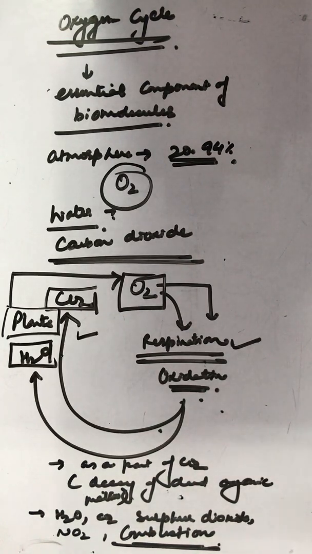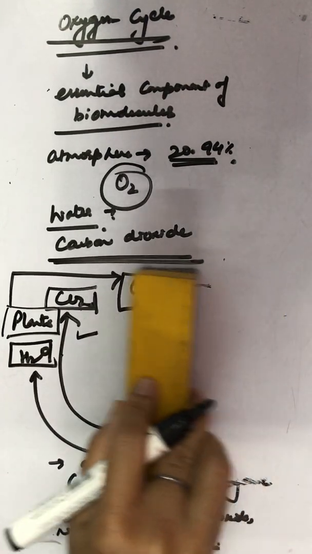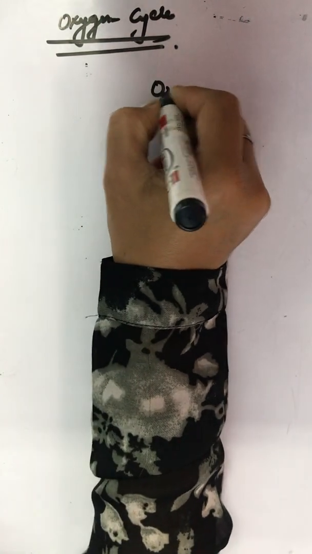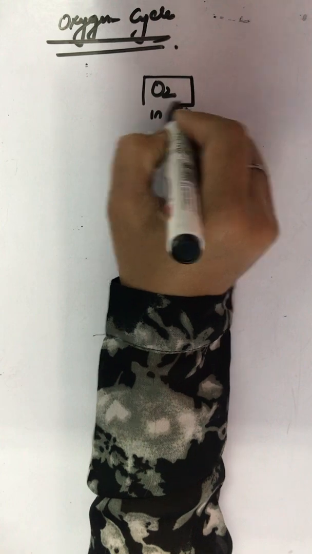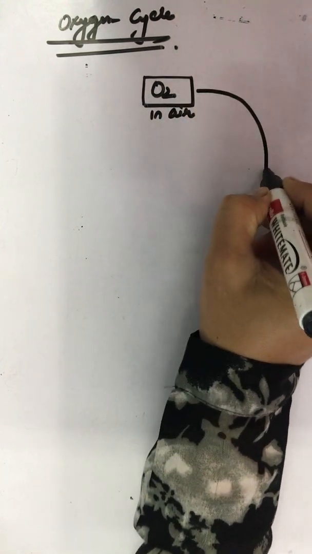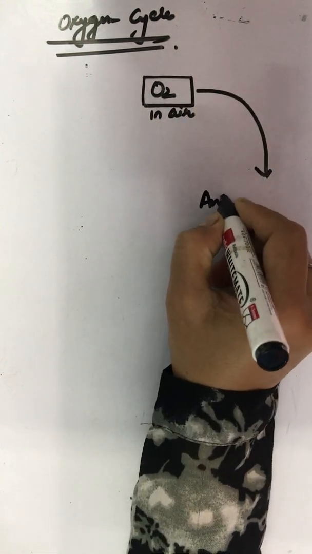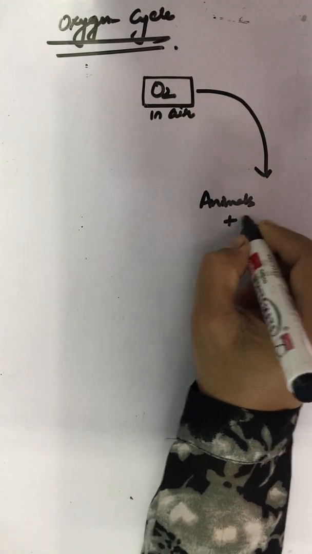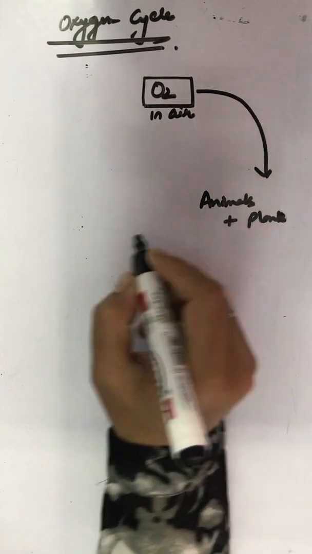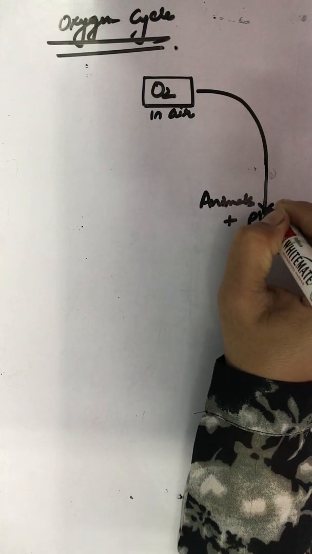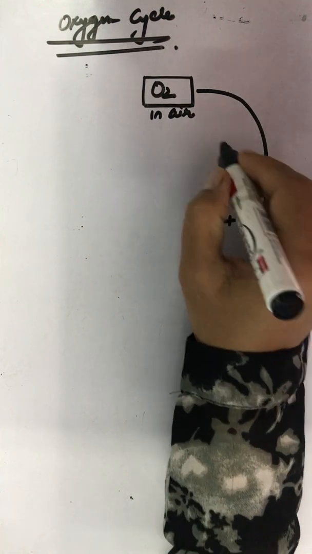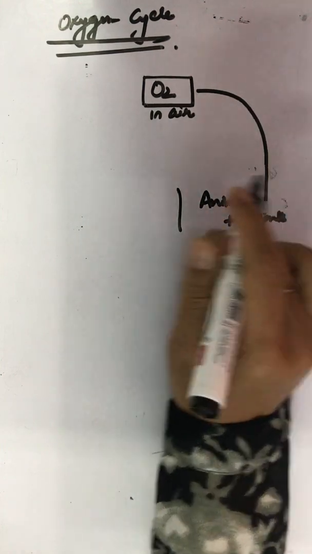Now coming to the cyclic chart of this oxygen, the depiction. Here we say oxygen, that is in air. This is used by animals and plants.